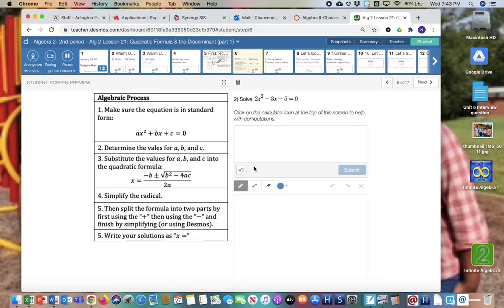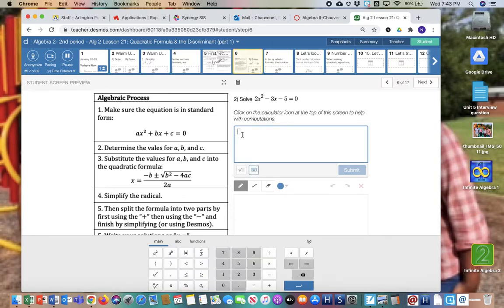Alright, so I'm going to set this up with the quadratic formula. I need to write this as negative b, and the b value is negative 3, so I'm going to do negative, negative 3, and then I want to do my plus minus.